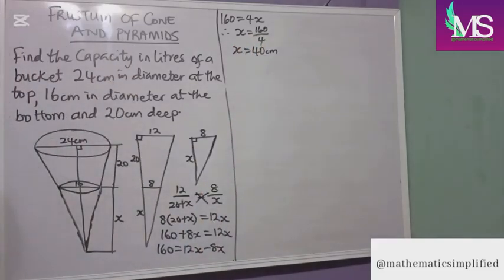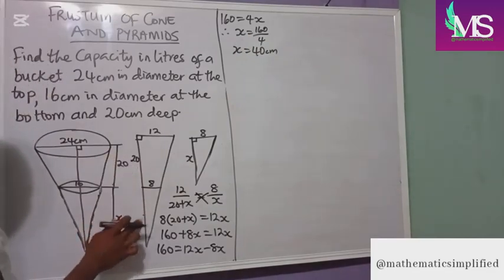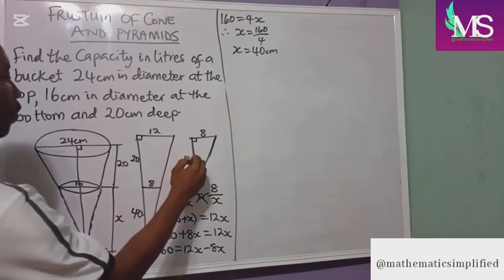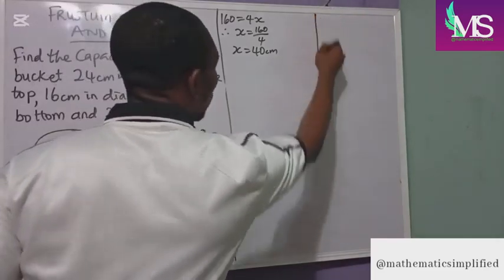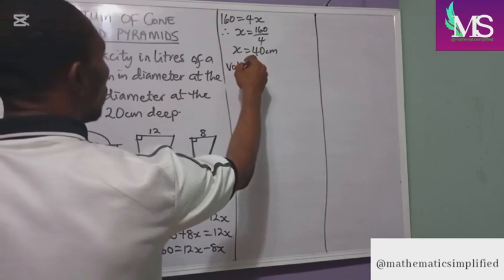Now, if we know that x equals to 40 cm, we can now replace it here, that x equals to 40. Alright? Now, having done this, let's look at how to calculate volume of our cone. Now, our volume of entire cone, volume of big cone.